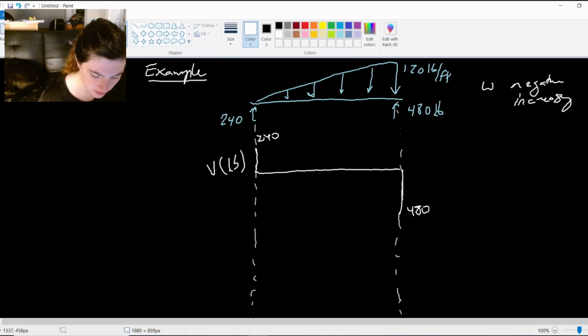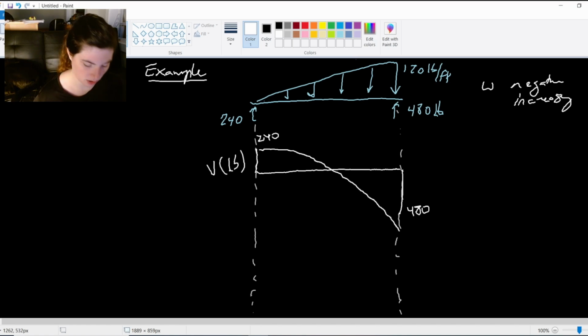We can kind of see that intuitively because we have a linear function, so we know it's going to be parabolic. It starts out kind of negative and then dips down and gets more and more negative. And we end up with a shear diagram that looks something like this.